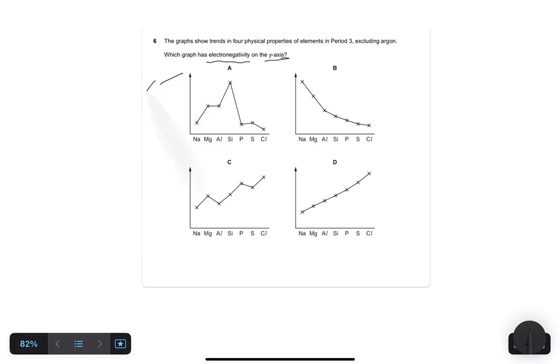So for A, it shows the melting points trend in period 3, because the melting point increases to silicon because the bond is getting stronger. And for phosphorus, sulfur, and chlorine, there are covalently bonded atoms. Therefore, the melting point is low. So A is not the answer.